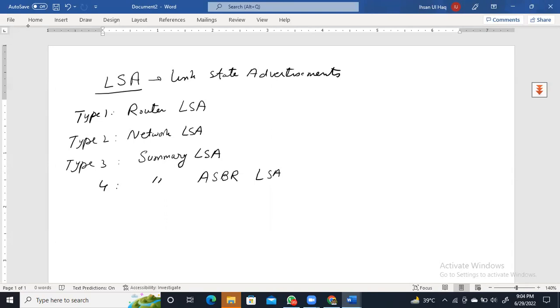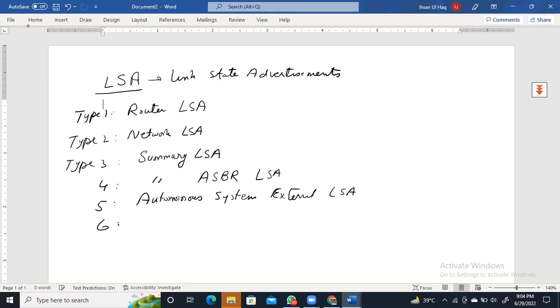ठीक है. Number 5 is the autonomous system external LSA. ठीक है.